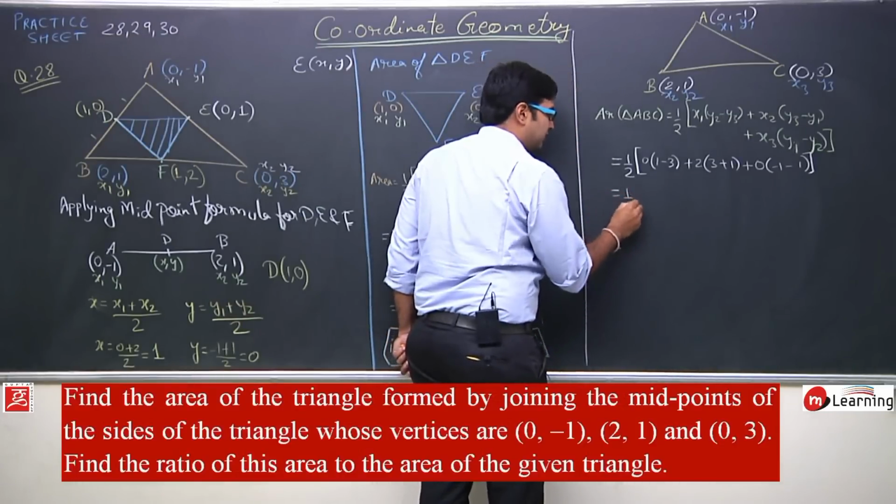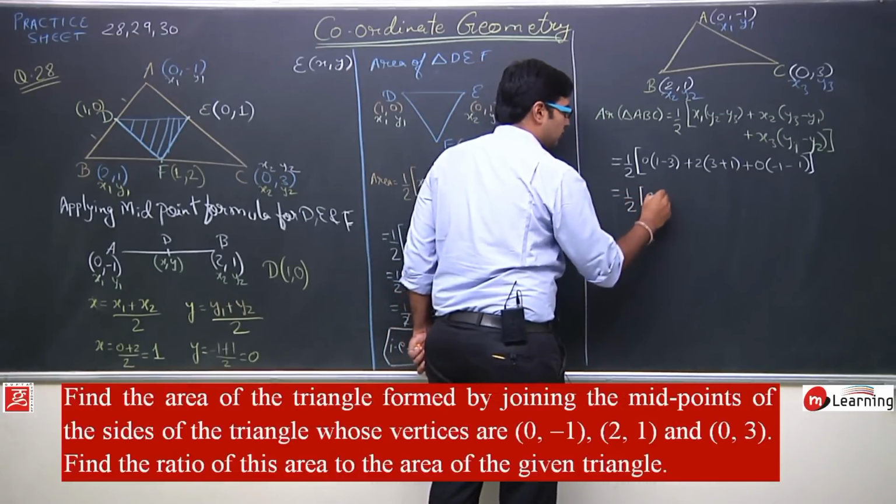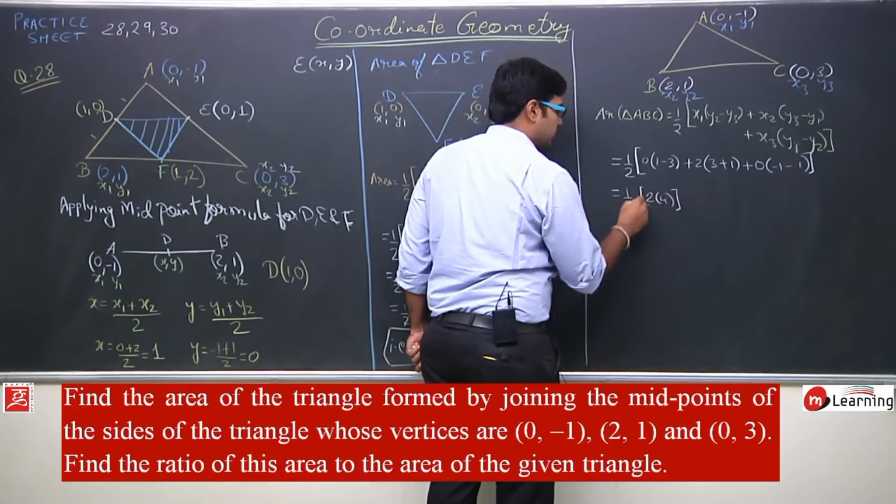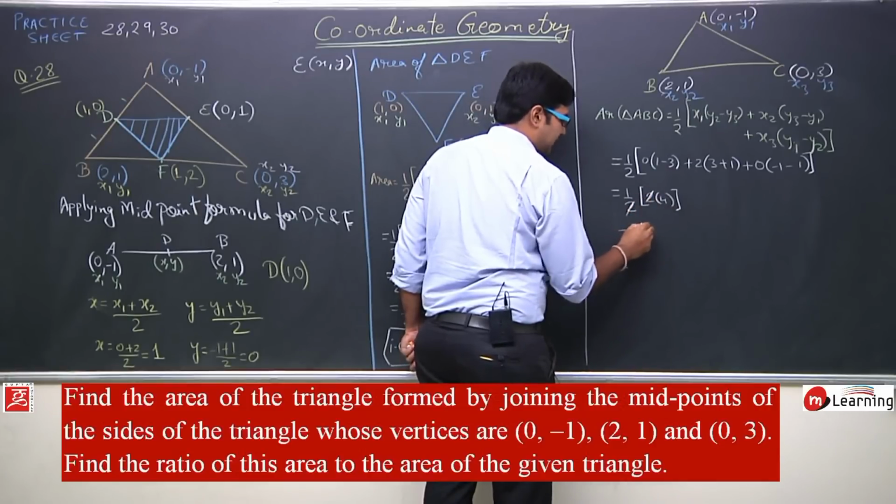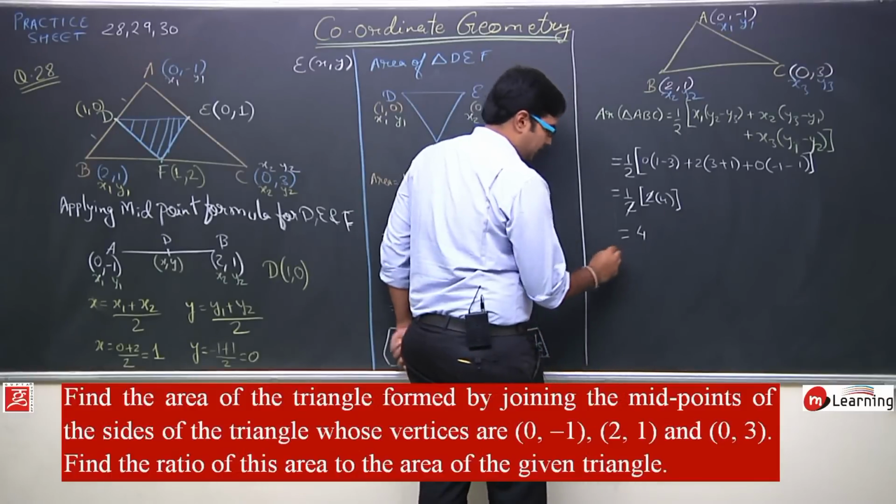So further solving it, it will be half of the bracket 2 into 4. You will see that this 1 and 1 will get subtracted and the answer will be 4.